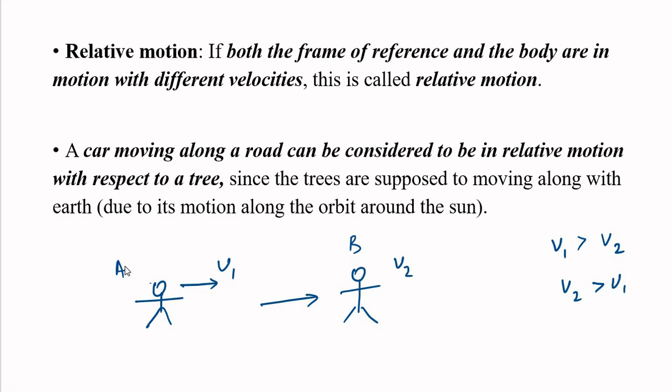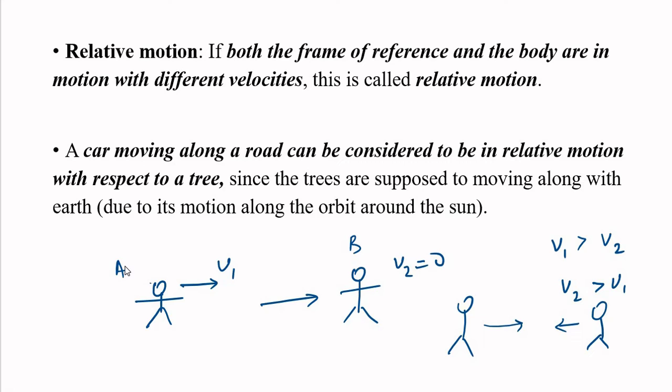So they are moving with different velocities. Another case, both of them moving in the same direction with different velocities, will also be relative motion. Also, if one of them is stationary, let's say v2 is 0 and v1 is some non-zero value, then also it is relative motion.